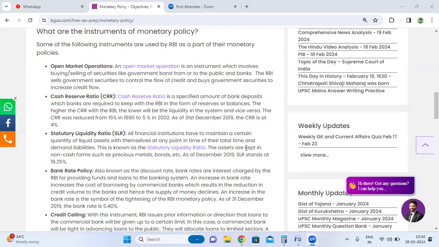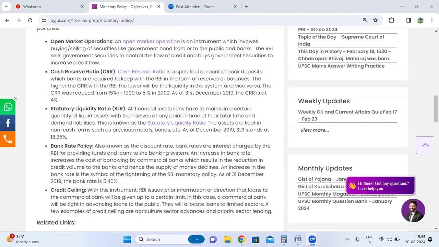The assets are kept in non-cash forms such as precious metals, bonds, etc. As of December 2019, the statutory liquidity ratio stands at 18.25%.